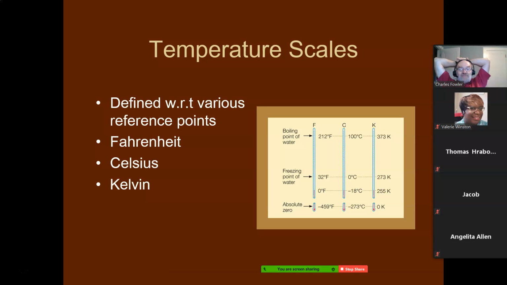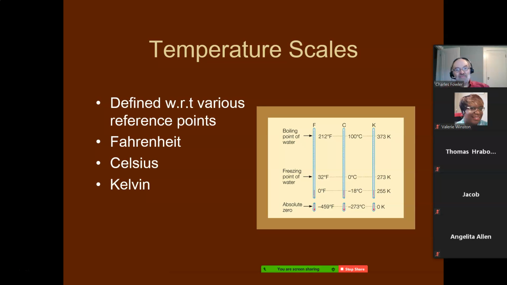Now, back when I was in school, they used to have us learn another scale, and that was called the Rankine scale. On the Rankine scale, the degree was the same size as a Fahrenheit degree. So negative 459 Fahrenheit would be 0 Rankine, an absolute scale, and then you would go from there. Add 459 to it, and you get 0 Fahrenheit. Add another 32 to that, and you get the freezing point of water, and add 180 degrees to it, and you would have the boiling point of water.